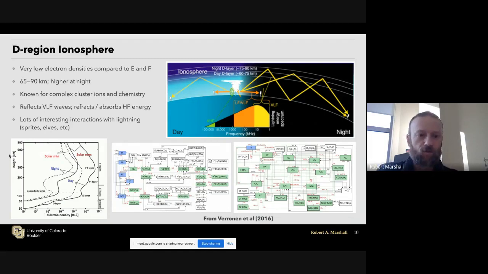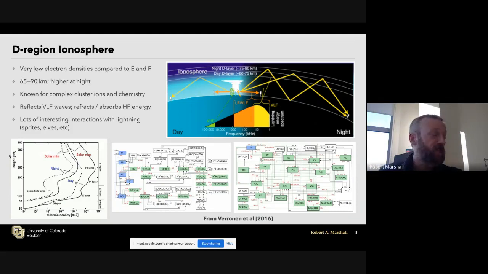The altitude region we're typically focused on for the D region is 65 to 90-ish kilometers. It tends to be higher and less dense at night for semi-obvious reasons. The D region is produced largely by solar ionization, Lyman alpha, and solar EUV. And so when the sun goes away, the D region relaxes.